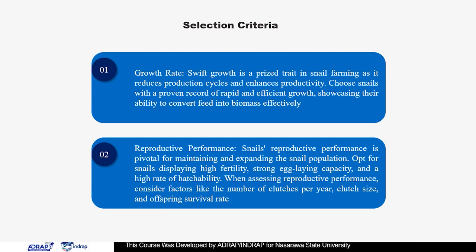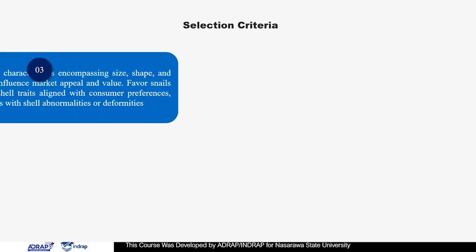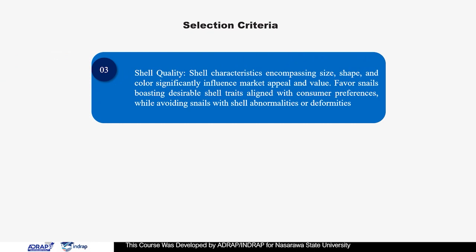When assessing reproductive performance, consider factors like the number of clutches per year, clutch size, and offspring survival rate. Shell quality. Shell characteristics encompassing size, shape, and color significantly influence market appeal and value. Favor snails boasting desirable shell traits that align with consumer preferences, while avoiding snails with shell abnormalities or deformities.